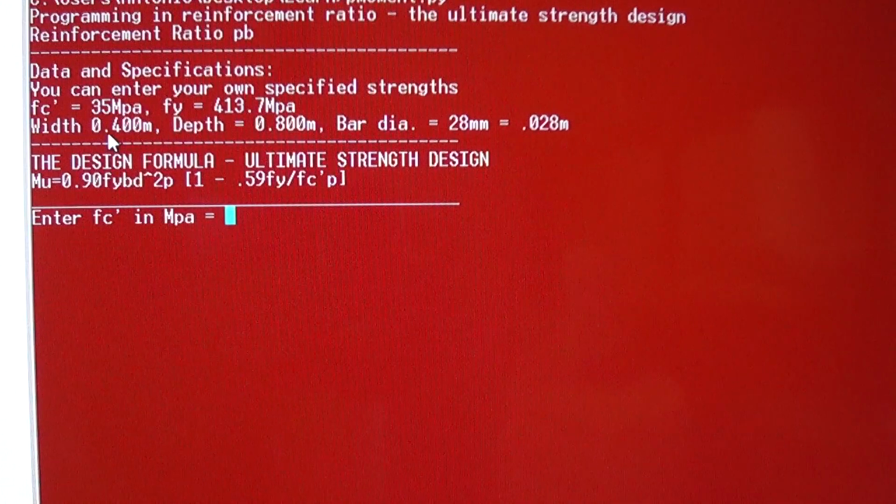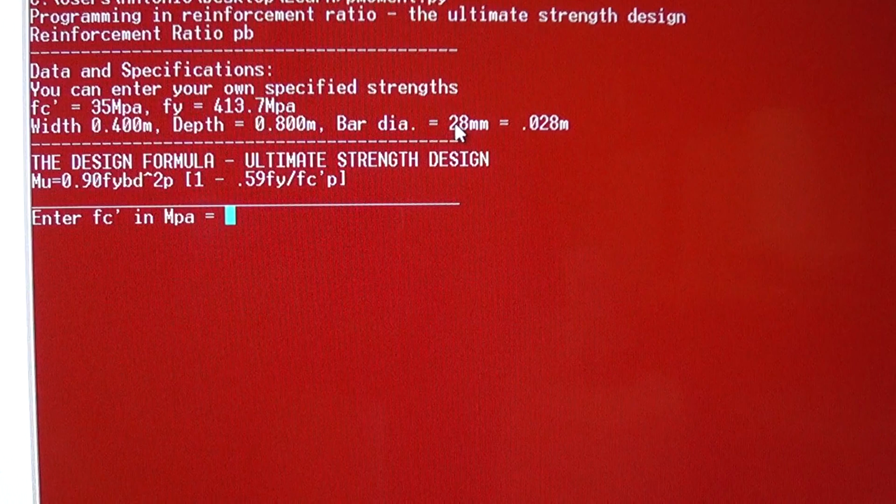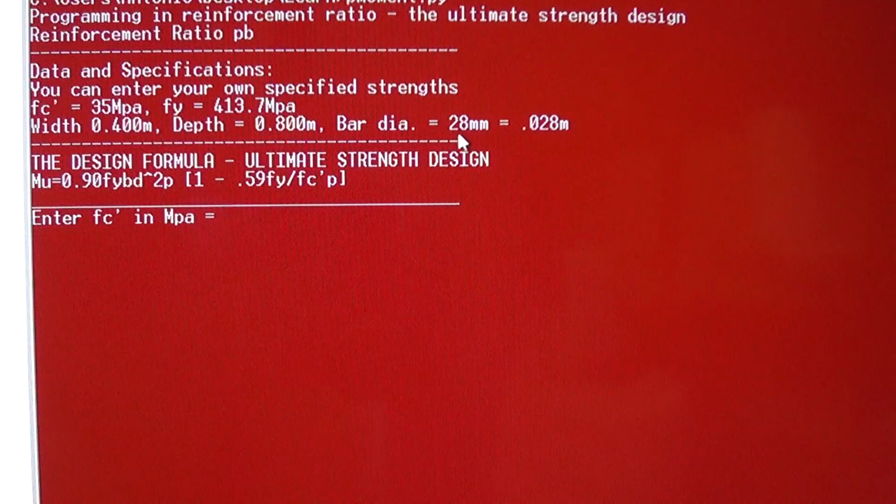The width of the beam is 400 millimeter, 0.4, and the depth of the beam is 800 millimeter, which is 0.8 in meter. The bar diameter we're going to use is 28 millimeter. 28 millimeter is 1 inch. Okay, now let's enter this.